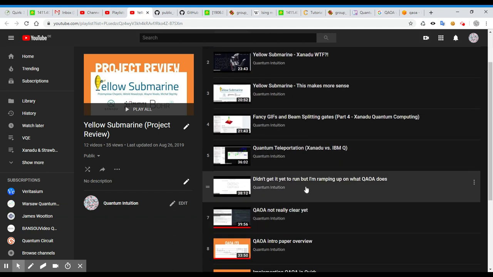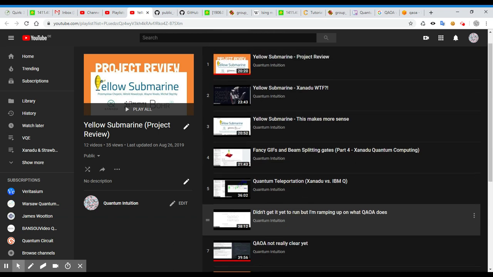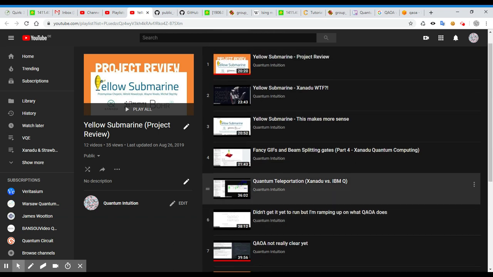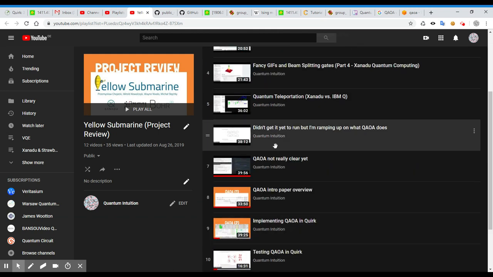And then here I get into QAOA, because that's basically what the yellow submarine does, is QAOA, but with continuous variable quantum computing. And so I was trying to understand QAOA, QAOA is not yet clear.